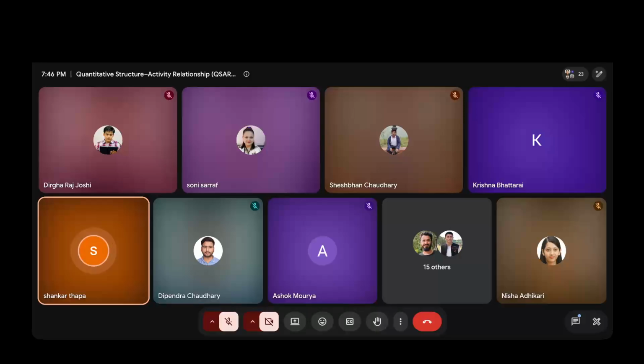Now I will share my screen and start the QSAR session with the theory part first. Why I am doing this is because QSAR is quite a vast and complicated topic to address. I came to the conclusion that if I go directly into all that vast and complex material, it will be quite difficult for undergrad students to understand.